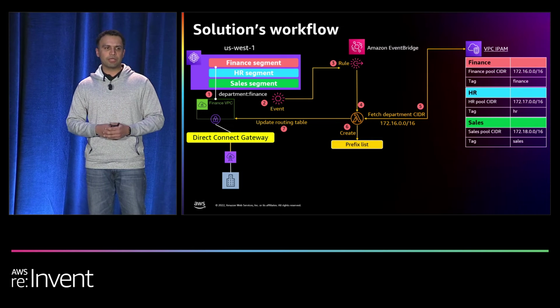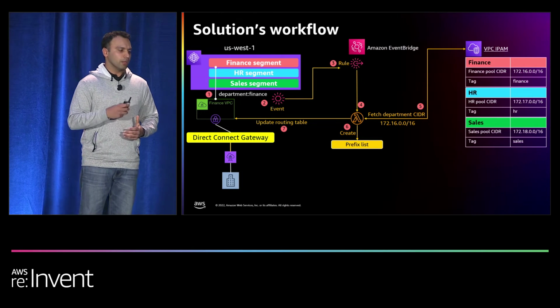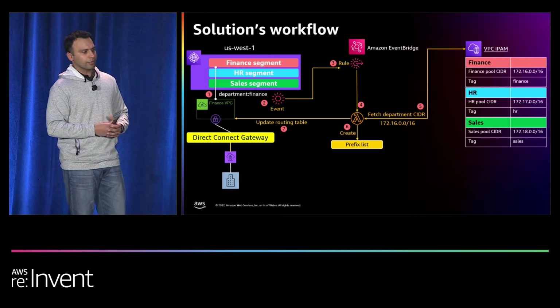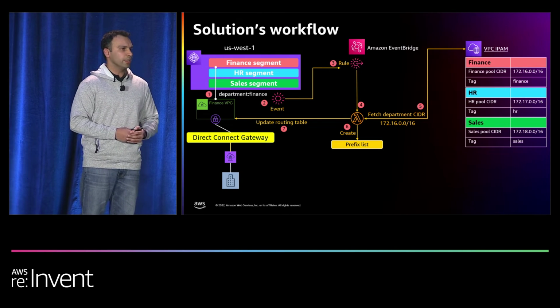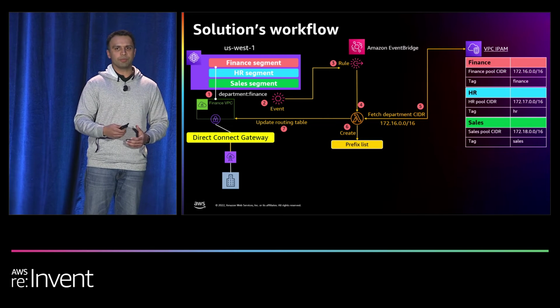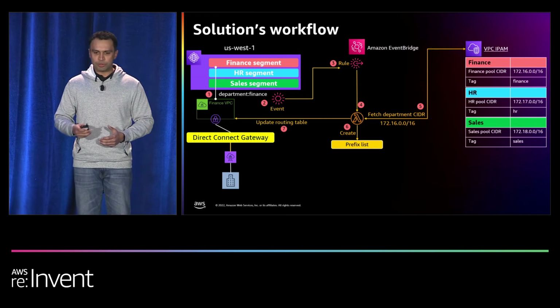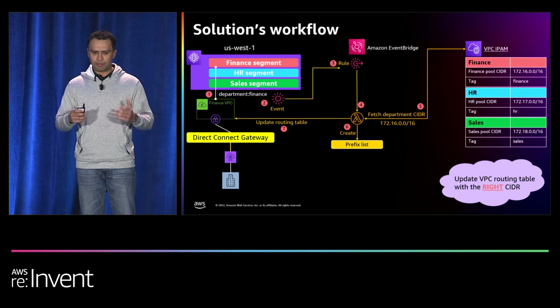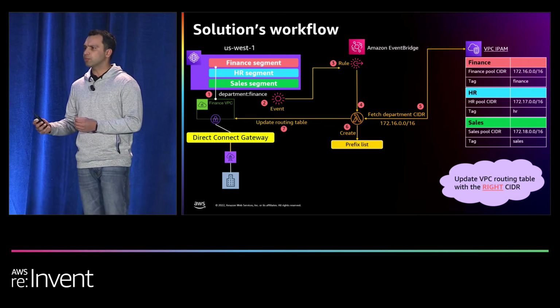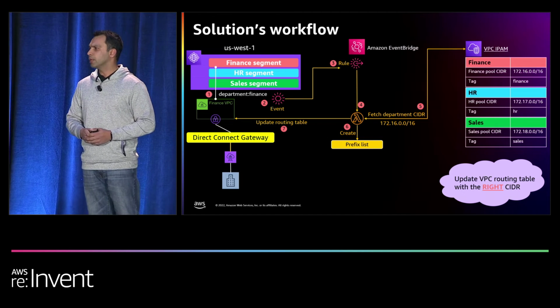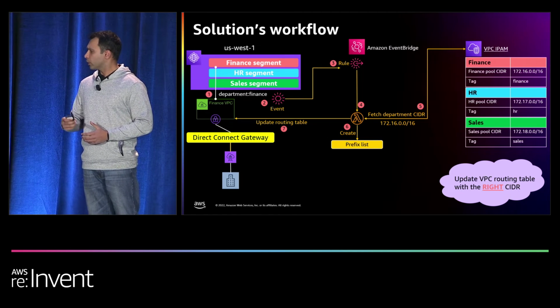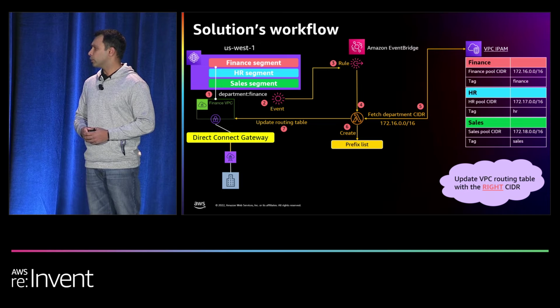And this last step really gives you that automation, and that it automates that configuration element that you would have to do manually otherwise, which is to go into each and every VPC and update the VPC's routing tables. So this is the complete architecture that we built, and this last mile configuration automation gives you the end-to-end, fully automated routing that we set out to build in this solution.